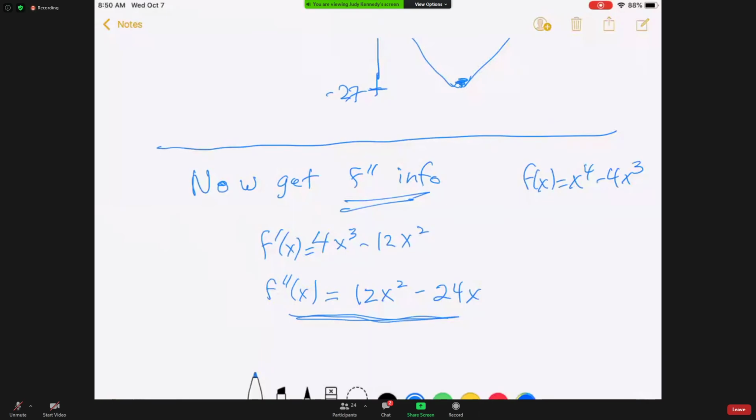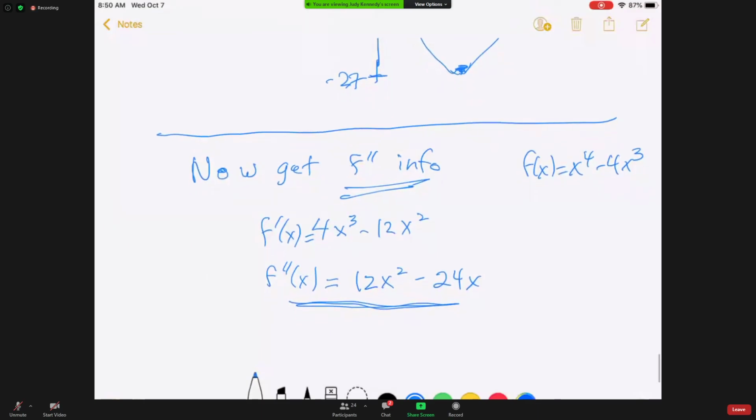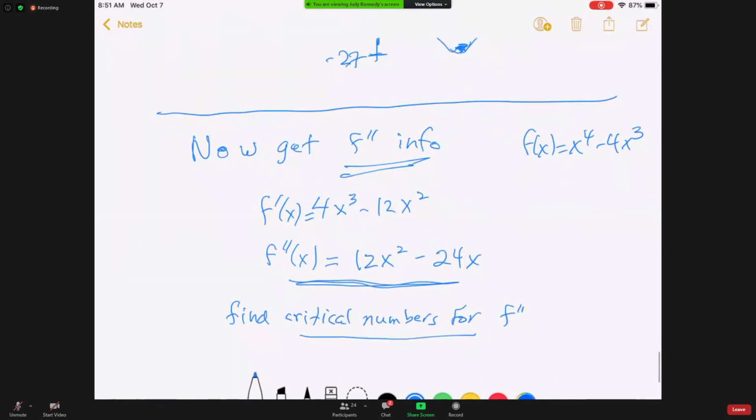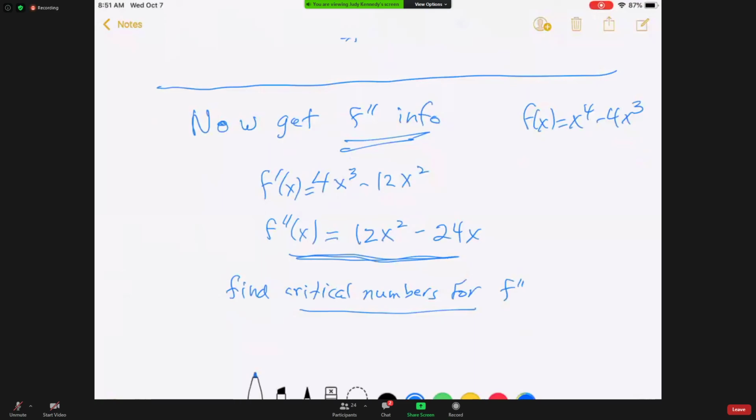And I want to find the critical numbers for the second derivative. So set it equal to 0 or find where it doesn't exist. This is a polynomial. f double prime always exists.